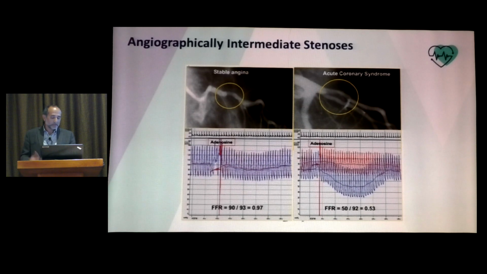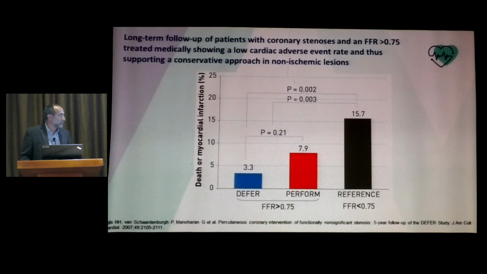So that's why angiography as such will not give you an answer to that question. And it's important to do this. If we look here, these are two studies that looked at death or myocardial infarction in lesions that have an FFR of over 0.75. The cutoff for these two studies, DEFER and FAME, was 0.75. So patients who had a non-ischemia producing lesion with a normal FFR over 0.75 did not have any increased event rate.